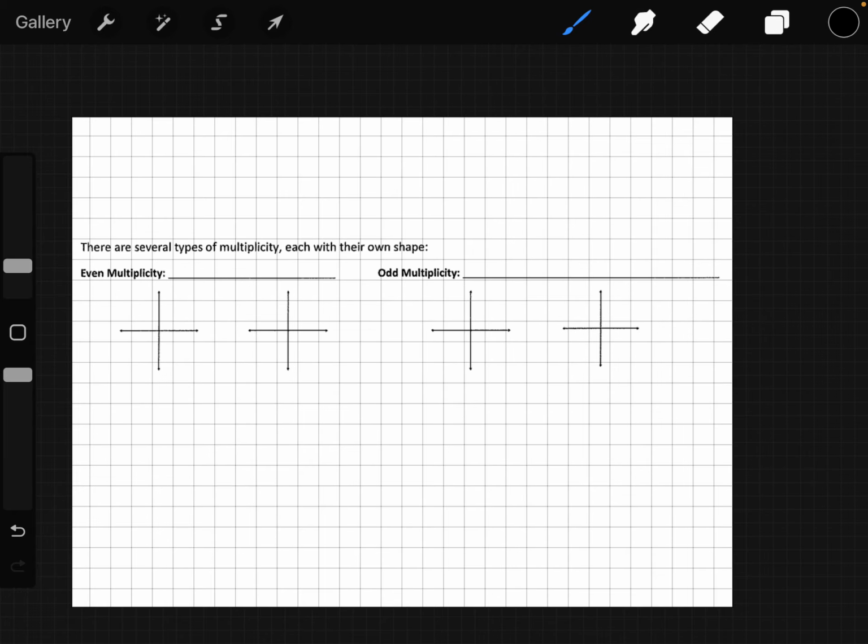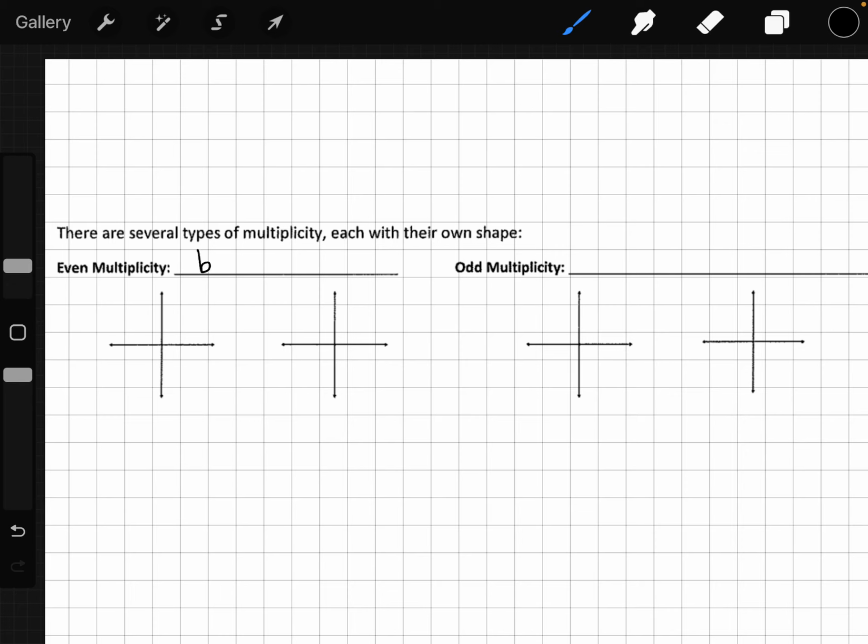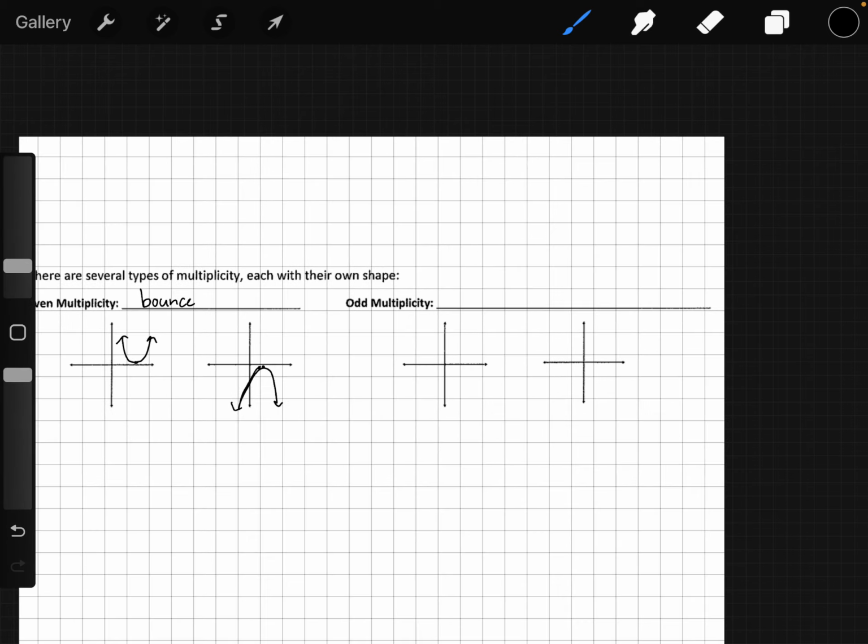So as we saw, there are several types of multiplicity, each with their own shape. The even multiplicity, I'm going to call that a bounce. And those bounces look like this. They hit the root and go back up. They'll hit the root here and go back up. The odd multiplicity has a bit of an S shape.